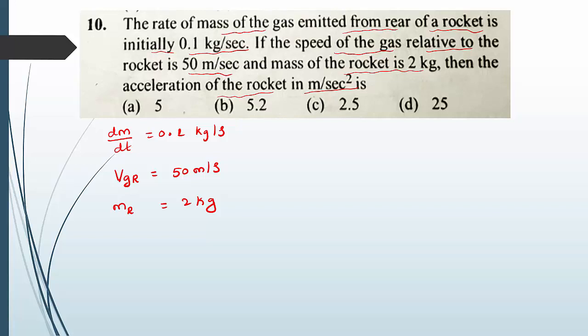Right? So now you can observe, for the rocket, no net force is acting on the rocket from the outside, because it is in space. That's why linear momentum is conserved.